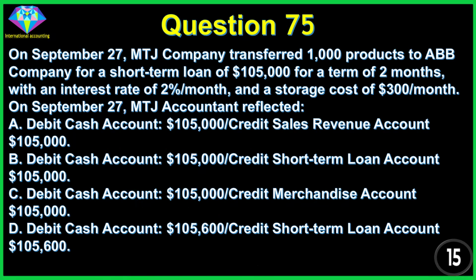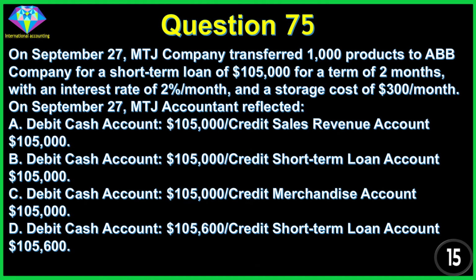On September 27, MTJ Company transferred 1,000 products to AB Company for a short-term loan of $105,000 for a term of 2 months, with an interest rate of 2% per month, and a storage cost of $300 per month. On September 27, MTJ accountant reflected A. debit cash account $105,000 per credit sales revenue account $105,000. B. Debit cash account $105,000 per credit short-term loan account $105,000.